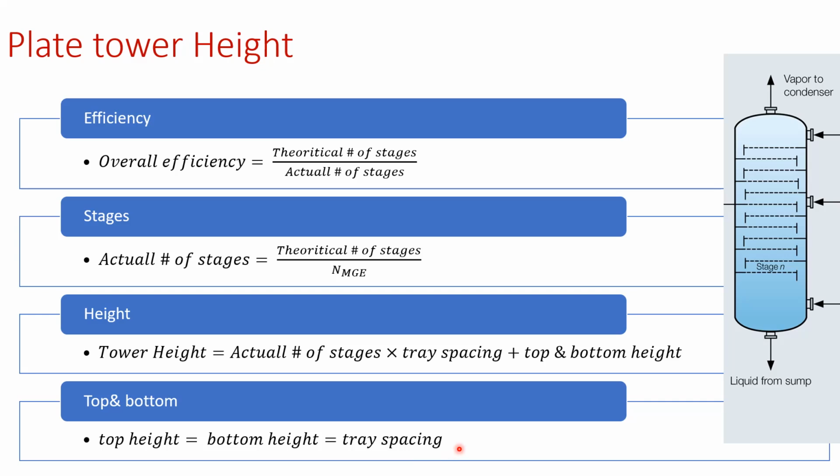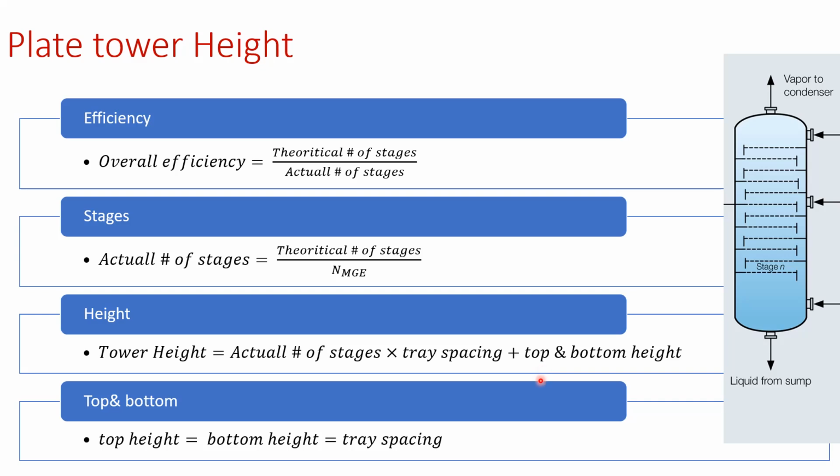So this is a general guideline. You don't have to stick to it. There are some considerations that need to be taken into account. However, to simplify the situation for this level of design, we can say basically tower height will be equal to number of stages multiplied by tray spacing plus 2 tray spacings.